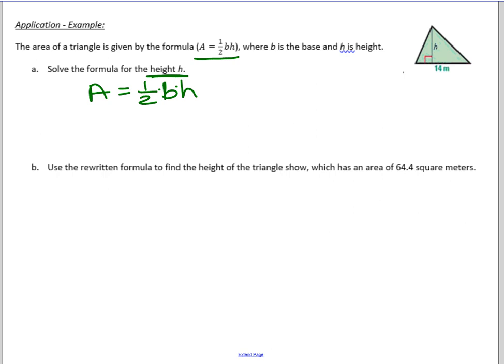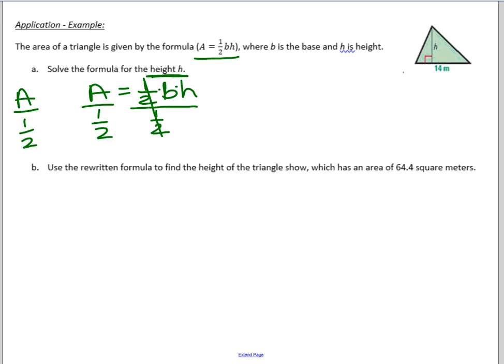So how do I get rid of multiplication? I divide, right? So I'm going to first divide by 1/2 because I want to remind you about what happens when I divide by a fraction. Well, over on the right-hand side, 1/2 divided by 1/2 cancels out, right? But over here, a over 1/2.